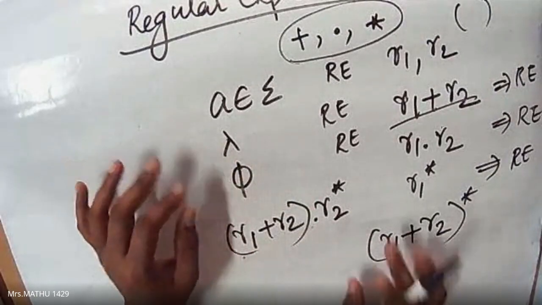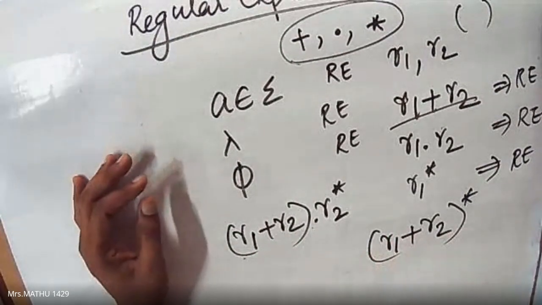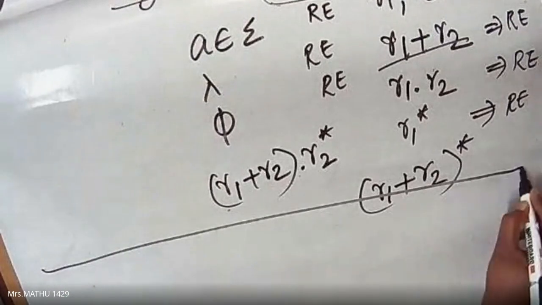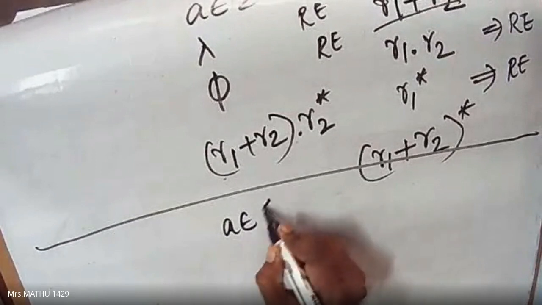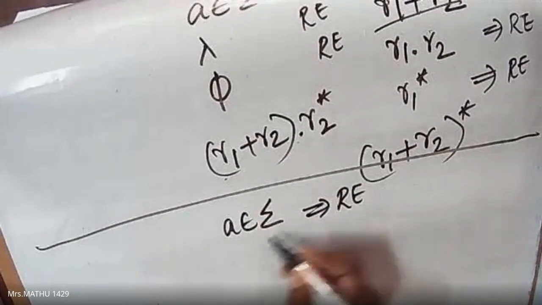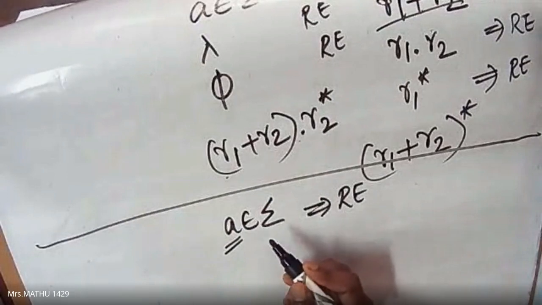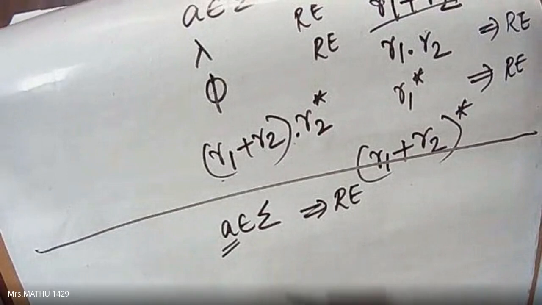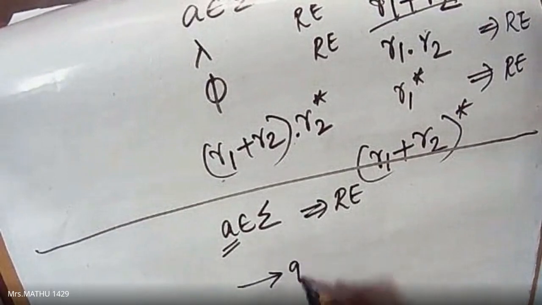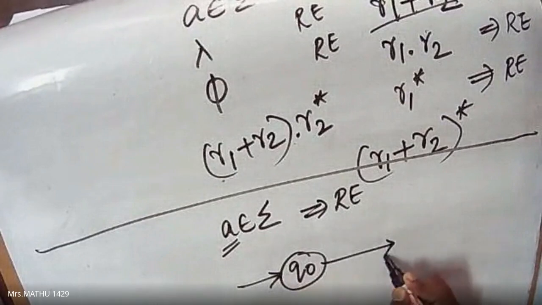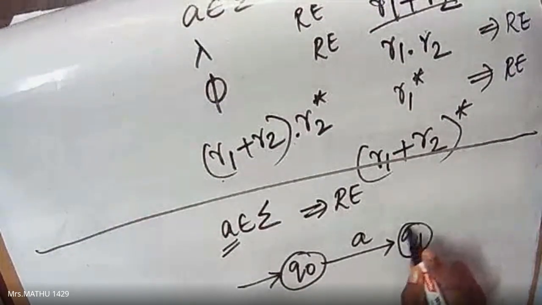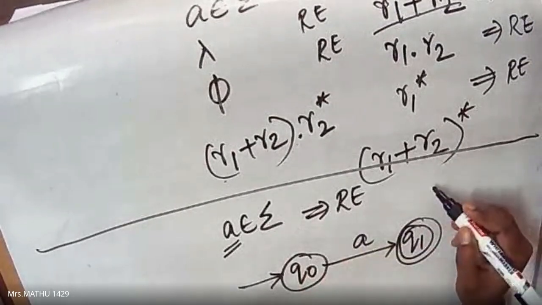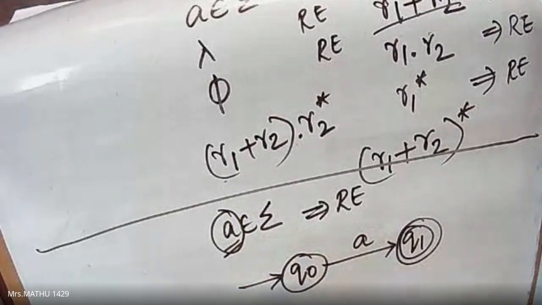There are some basic principles for that, which I will teach you now, and then we will move on to some problems. First, since a belonging to sigma is a regular expression, any input symbol that belongs to the alphabet can be drawn as an NFA, simply by having an initial state, and by reading a, it goes to a final state.